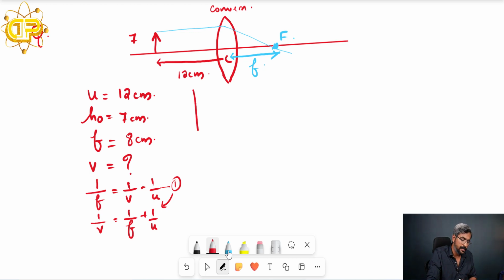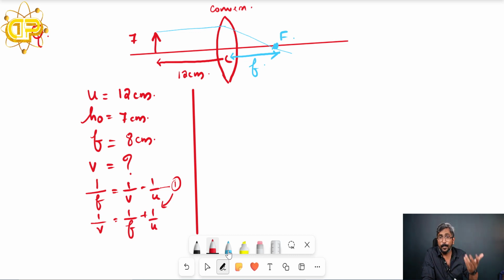Now, what you need to know is to give the correct signs, whether positive or negative, for the values given in the question. So 1 by V is equal to 1 by, what is F? It is 8. But we need to know whether it is a positive or negative sign.